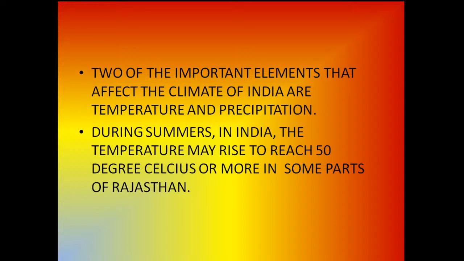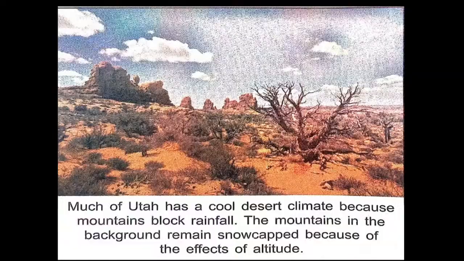Two of the important elements that affect the climate of India are temperature and precipitation. During summers in India, the temperature may rise to 50 degrees Celsius or more in some parts of Rajasthan.